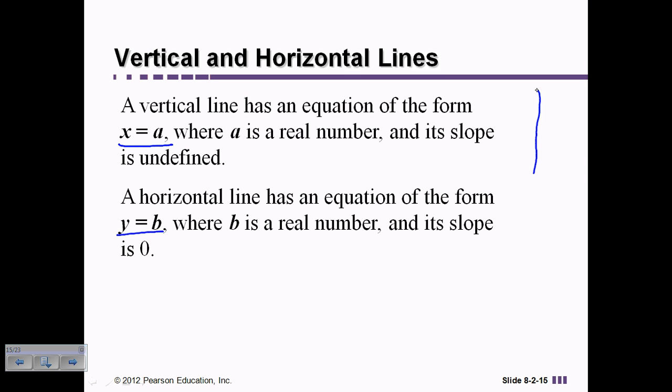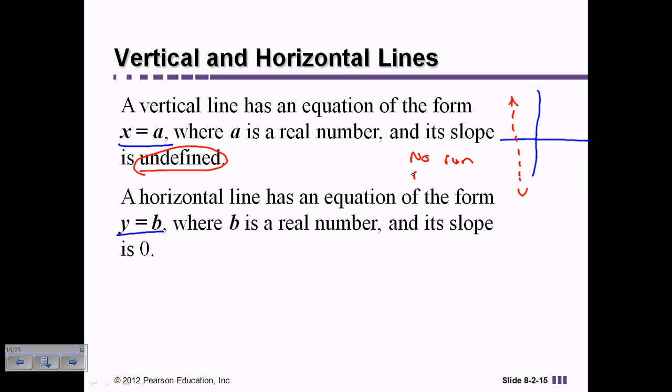So if I have a vertical line, so here's my graph and here's my vertical line, the slope of this line is undefined. That means that when we look at rise over run, there is no run.